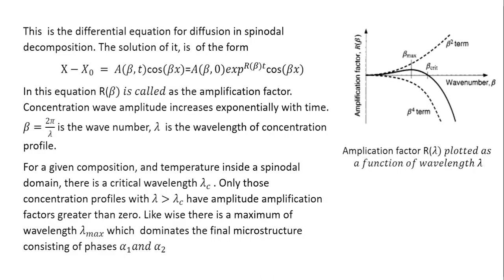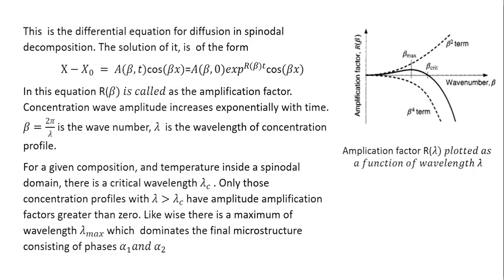The solution of it is of the form X minus X0, where X0 is the composition of the parent phase and X is the current local concentration. This is equal to a function A, which is a function of beta and t, multiplied by a cosine function of beta multiplied by x.